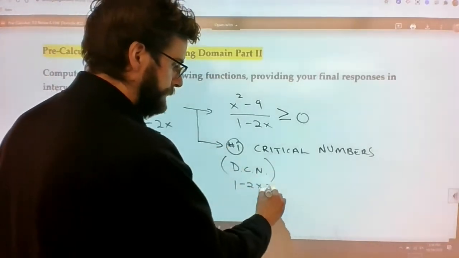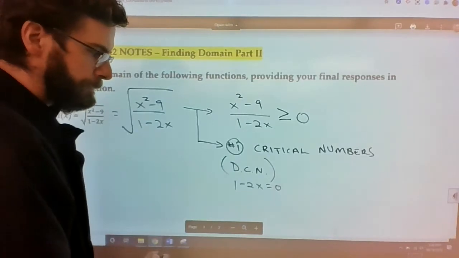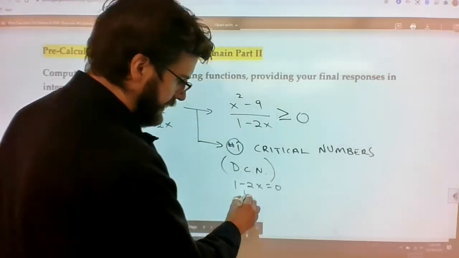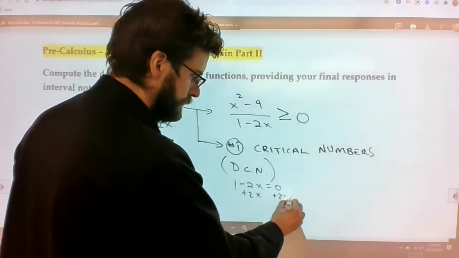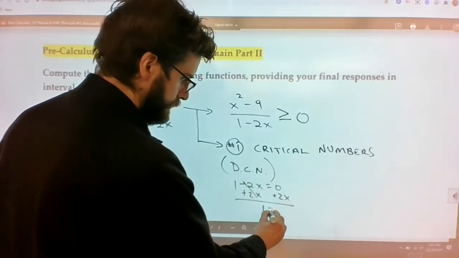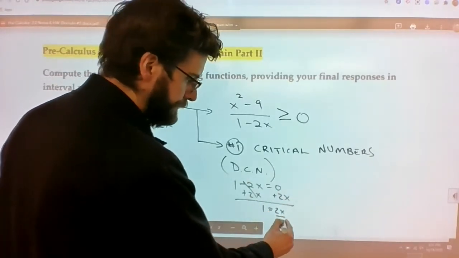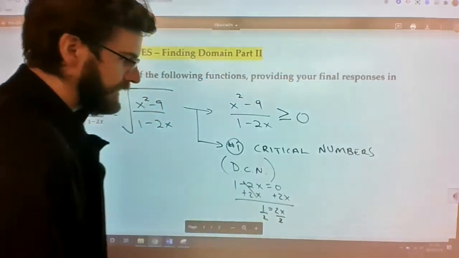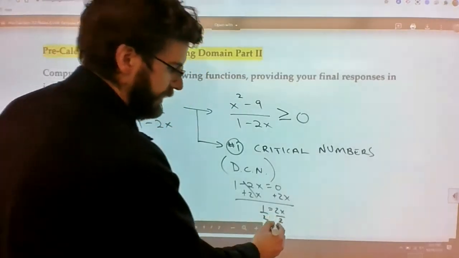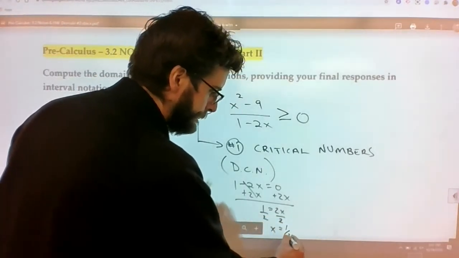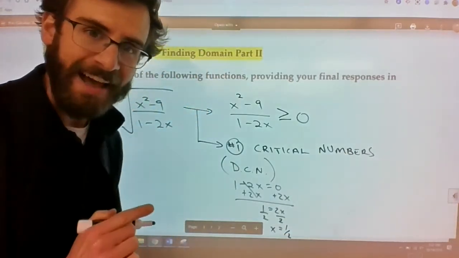So you've got 1 minus 2x equals 0. We could add the 2x to the other side, and then divide by 2. x equals 1/2. So x equals 1/2, when we put it in its interval, is going to have parentheses.